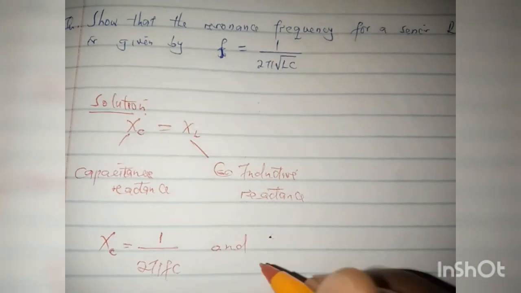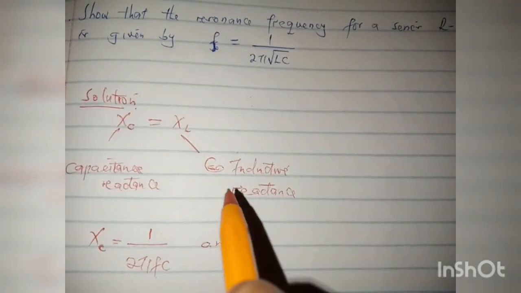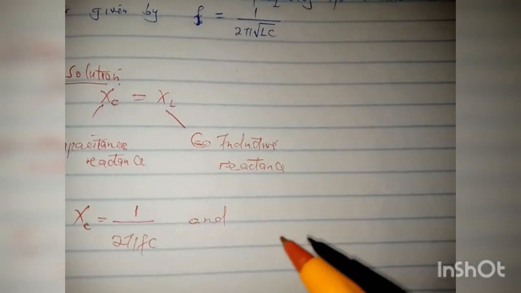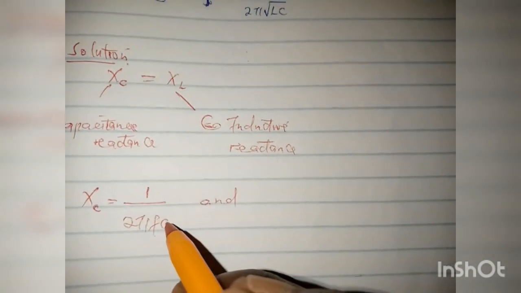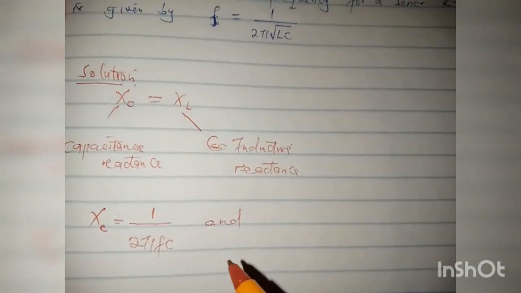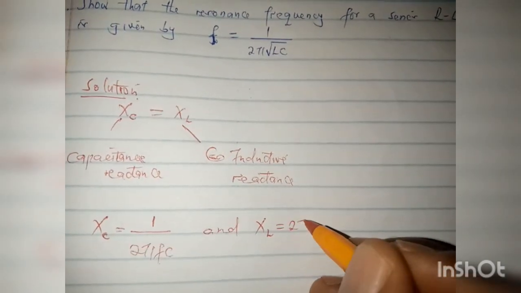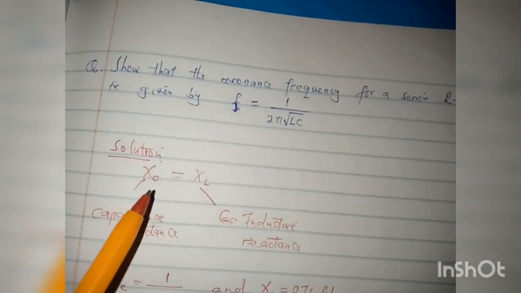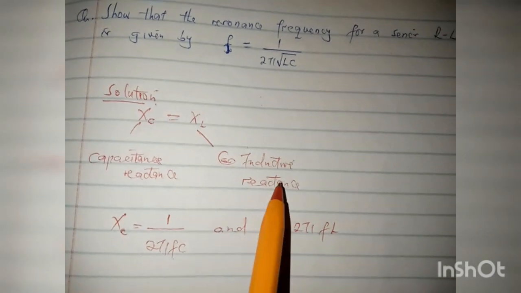And inductive reactance is expressed in terms of frequency and inductor as XL equals 2 pi FL. So we have said that at resonance, capacitive reactance is equal to inductive reactance.